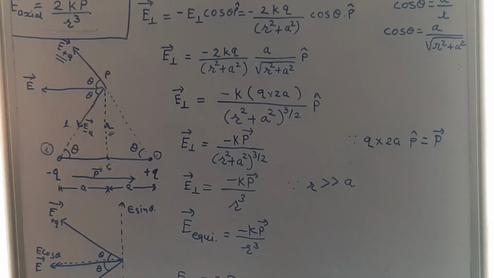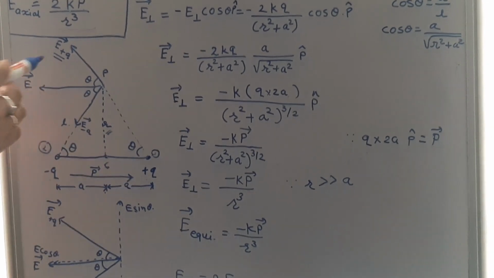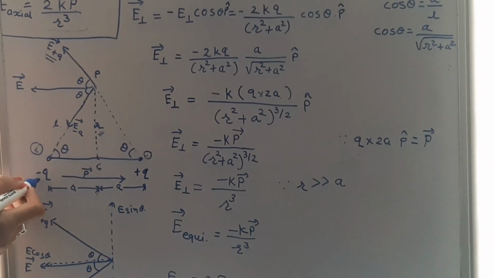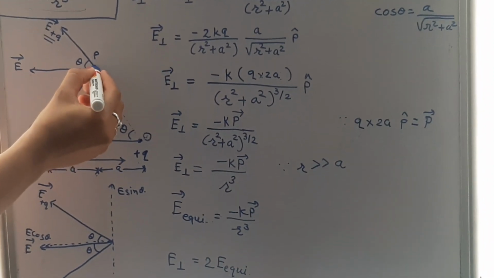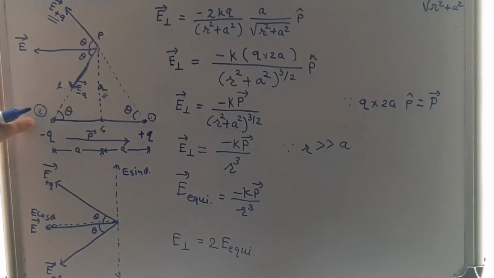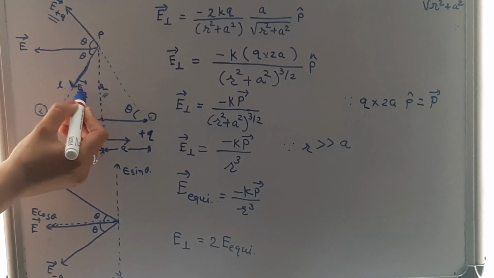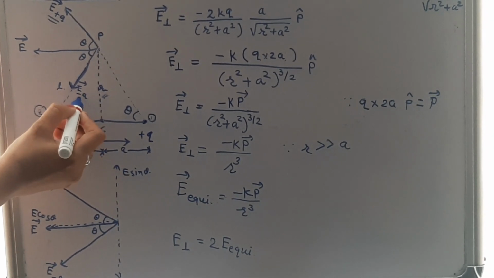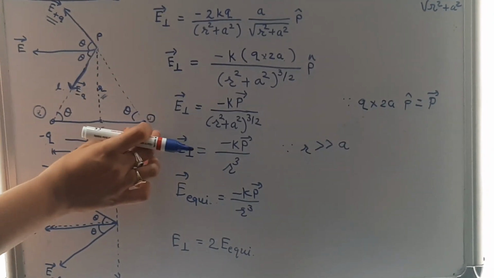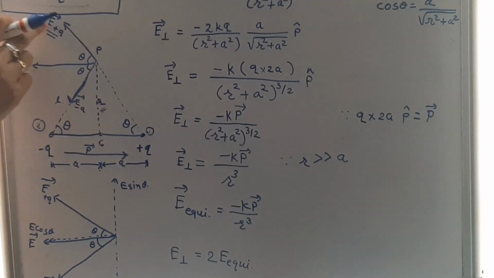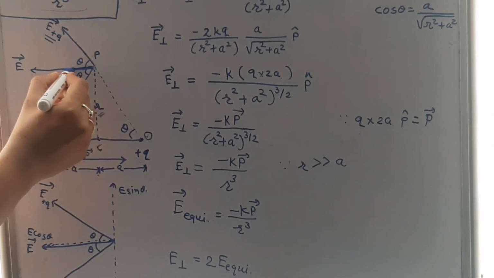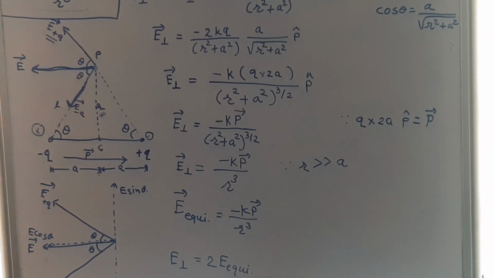So it will be the electric field E plus q. For minus q, the electric field will be towards the plus q charge, so I will write E minus q. This is the electric field due to minus q at point P and due to plus q at point P, and this is our net electric field.